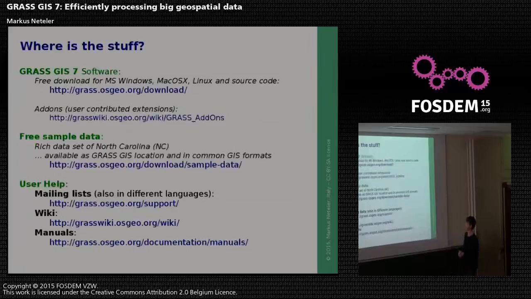So where's the stuff? Everything is ready to use. We are currently at the release candidate number 1. So probably next, what is today, Sunday. So in 2 or 3 days, we will release the next release candidate, and this is hopefully also the last one. You get free sample data to play with.